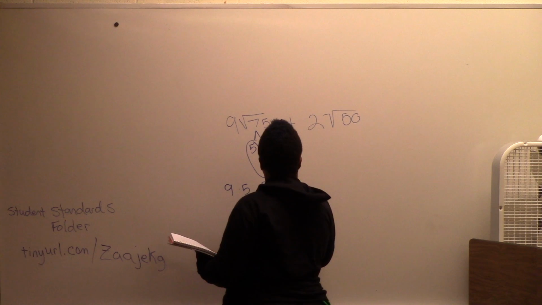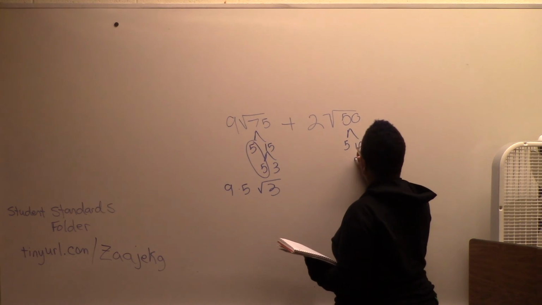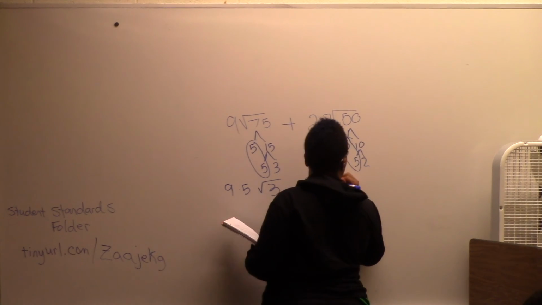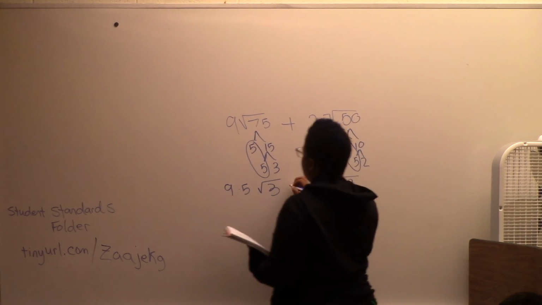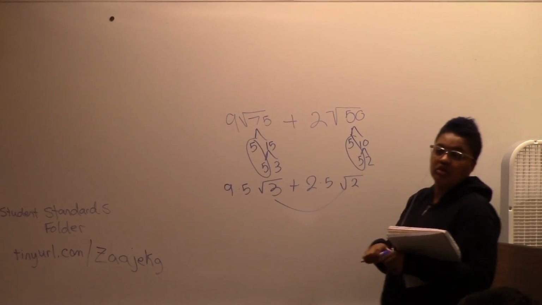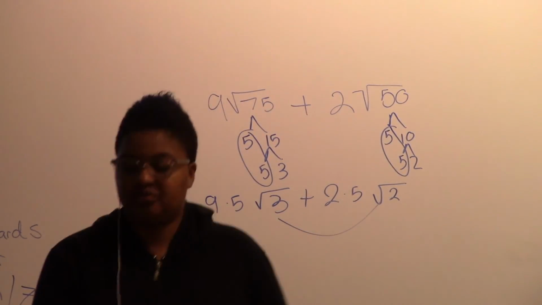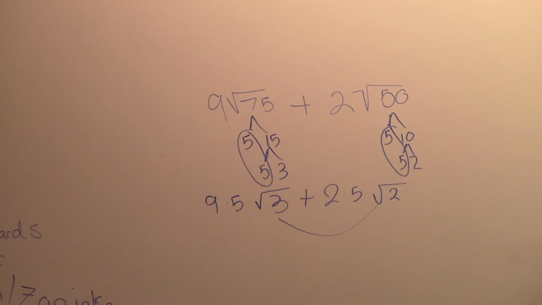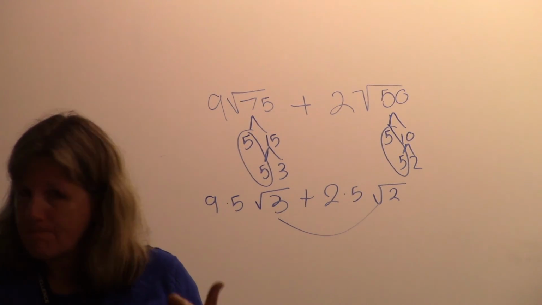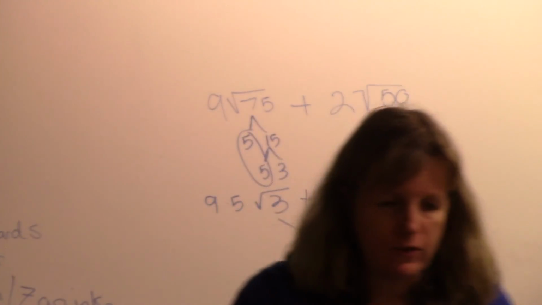Very good. She didn't make the mistake I made. Okay, so the radicals don't match, so we cannot add those. Very good. All right, how are we feeling about adding and subtracting radicals so far? Are we good? All right, you think that we can do this? Okay, good. Let's see if we can do it and pass on some standards.